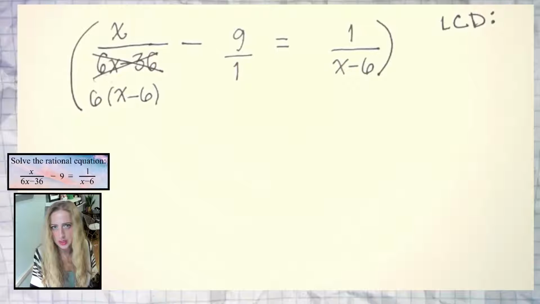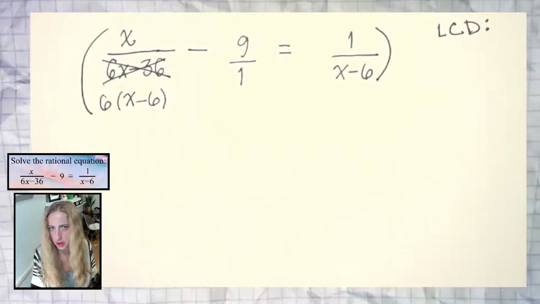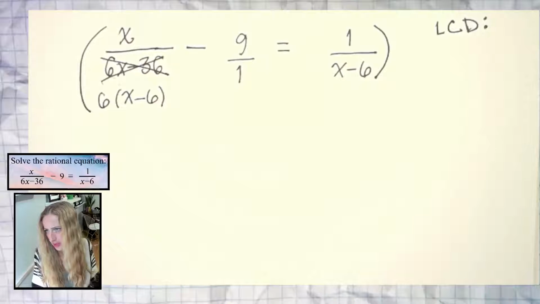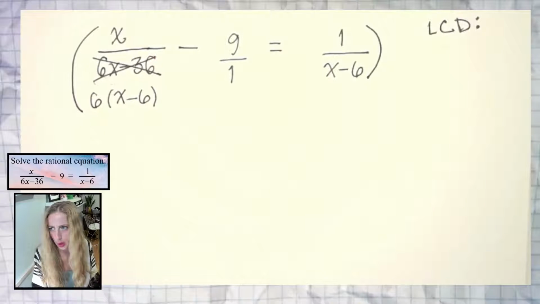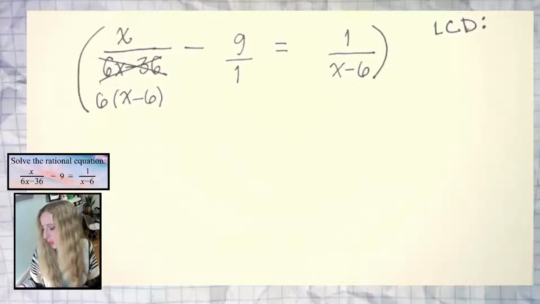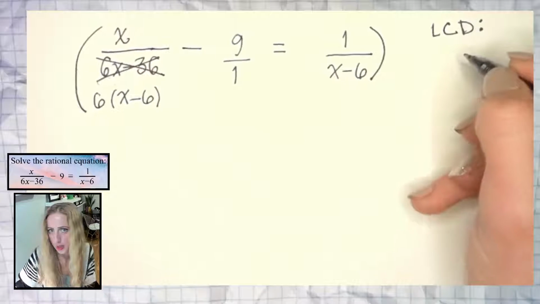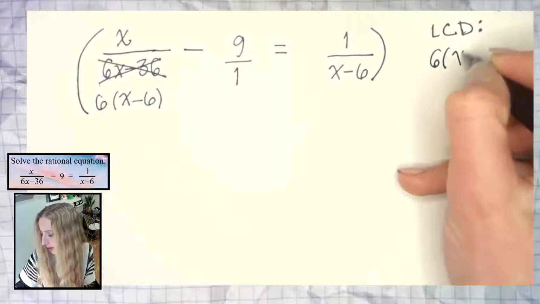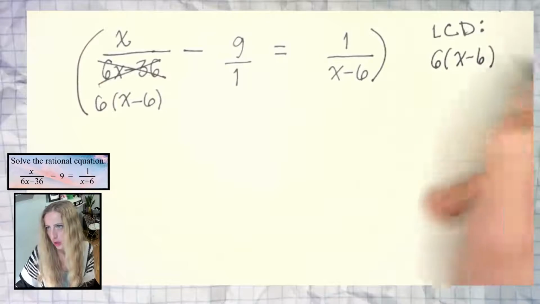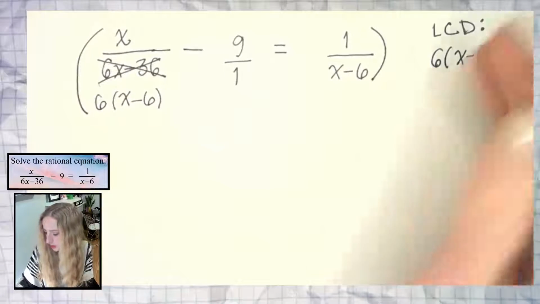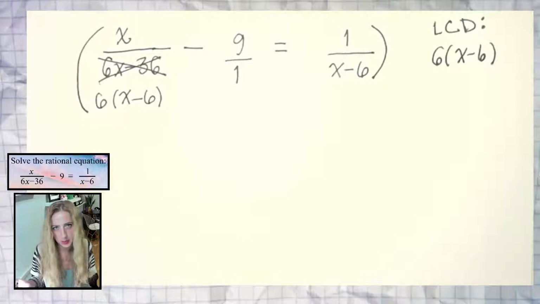We're also going to need all of our denominators to have the x minus 6. The 1 is not really something that we need to go out of our way to worry about, because obviously it's just the multiplicative identity. So what is the least common denominator? It's going to be 6 times x minus 6. So that is what we will multiply everything by. As long as we do it on both sides of the equal sign, we maintain balance.